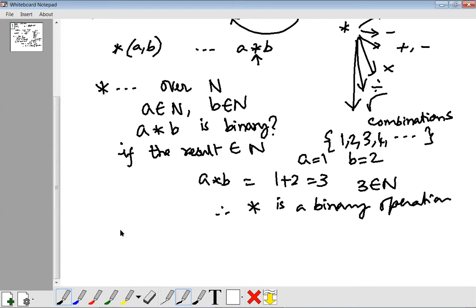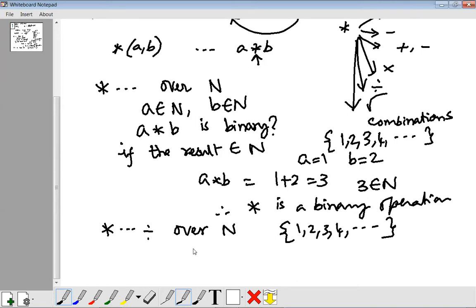I'll take the same thing. I will define the star now as divided by, and I will take again over natural numbers only. So I want to see now. I take 1, 2, 3, 4, and so on.